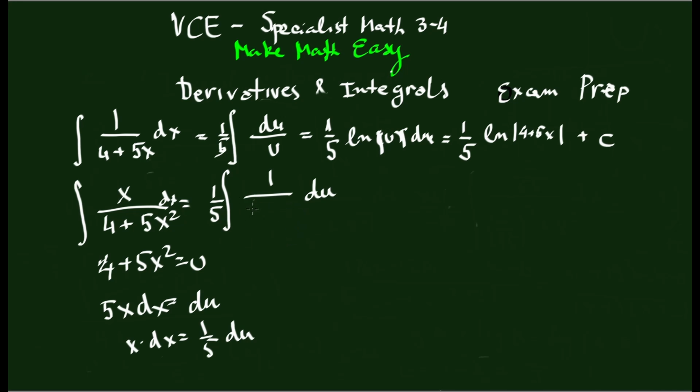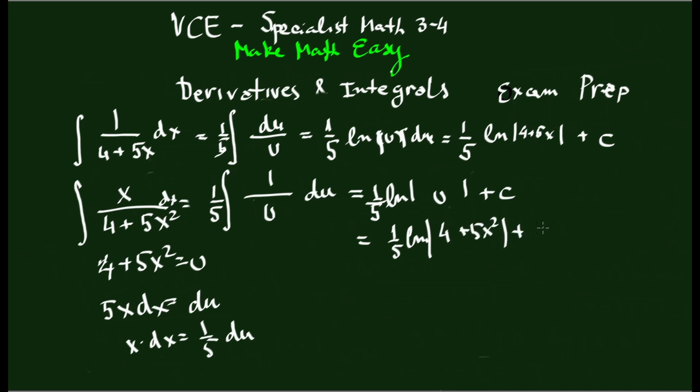And it's obviously the basic integral, and that's natural logarithm, so it's ln absolute value of 1/5 of u plus c, and substitute back 1/5 ln of 4 plus 5x squared plus c. And that's our third integral.